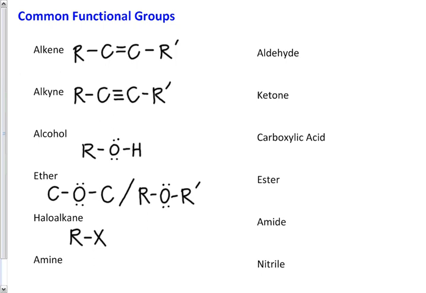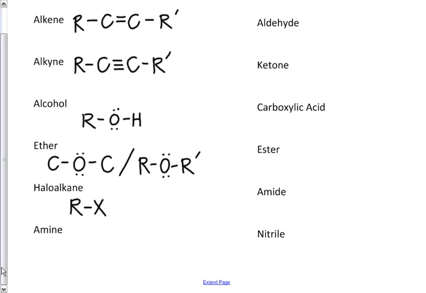An amine, you've learned the simplest amine is ammonia, NH3. And an amine is some kind of an organic version of that. You can either have what we call a primary amine, where the nitrogen is attached to only one carbon.